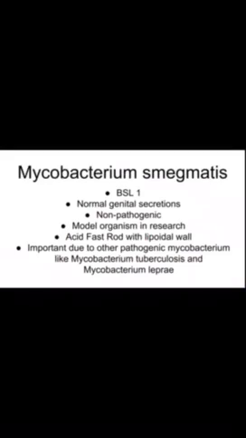This bacteria is a model organism in research due to its fast generation time, and it is not considered pathogenic to humans. However, it is significant to note that Mycobacterium tuberculosis and Mycobacterium leprae are pathogenic to humans, so diagnostic testing using the acid-fast procedure is important.